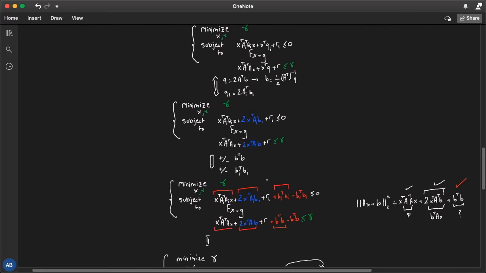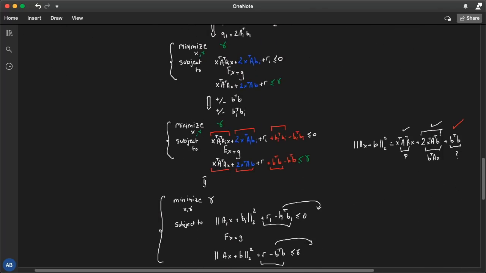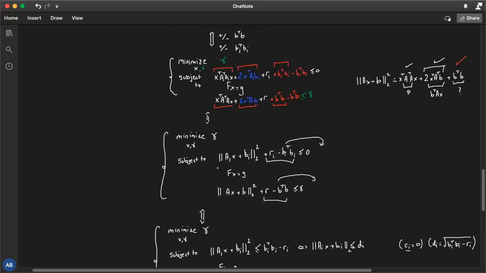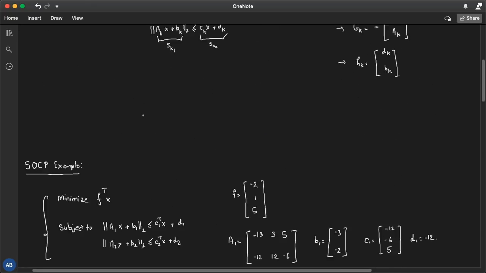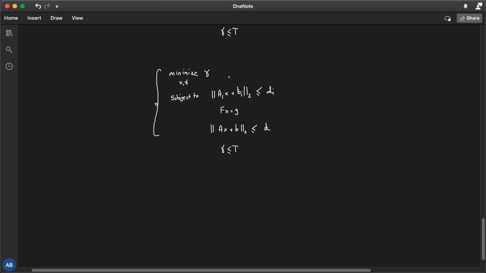Let's see what we've got here. The gamma is part of your F over here, if you were to write the cost as F transpose X as in the initial problem. So this is actually F transpose, I'm not going to say X, I'm going to say Y. What is Y?